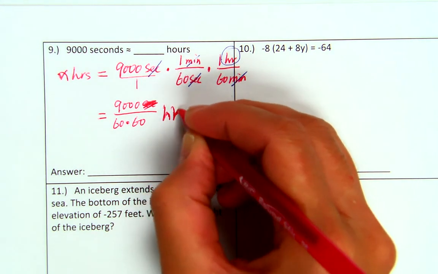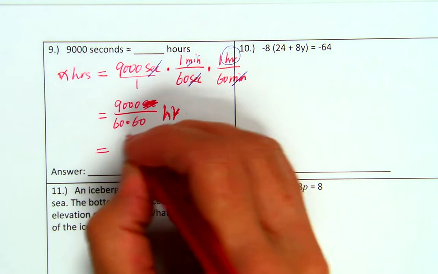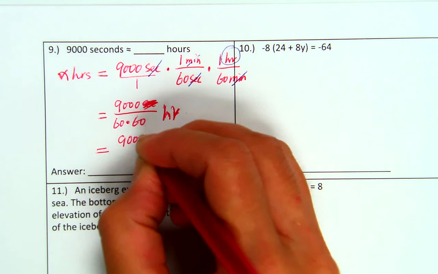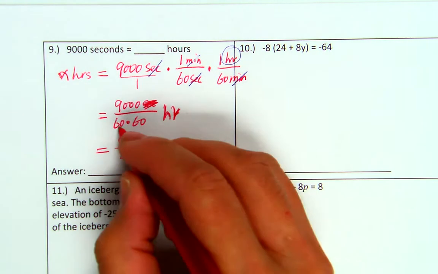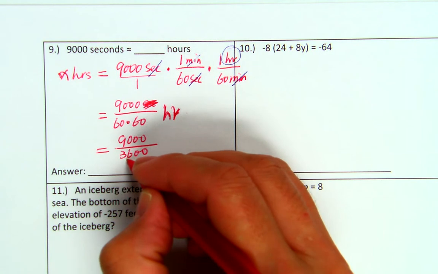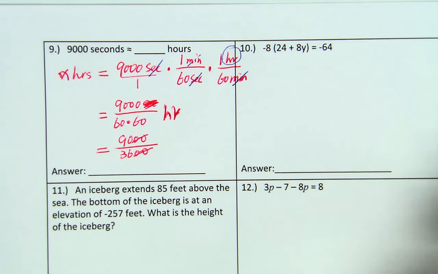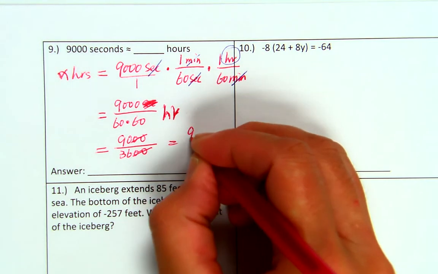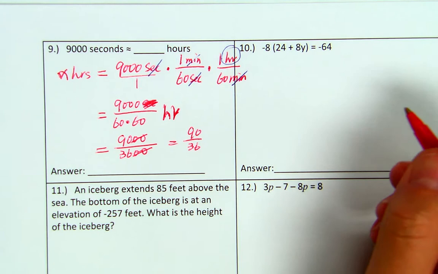It looks like it's down here, but it's up. So it equals 9,000 over 3,600. 60 times 60 is 3,600. And you cross out the 2 zeros, and you have 90 divided by 36.